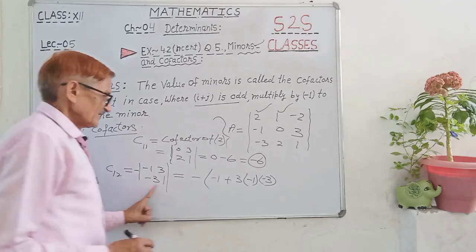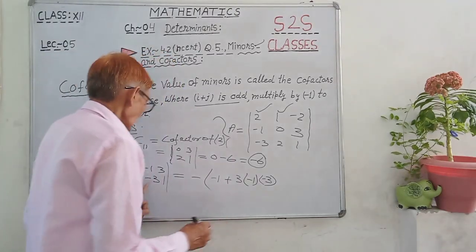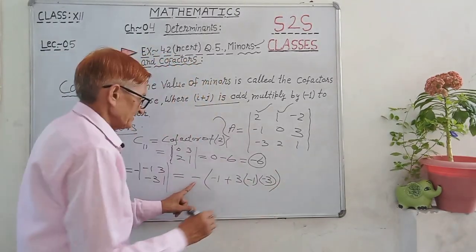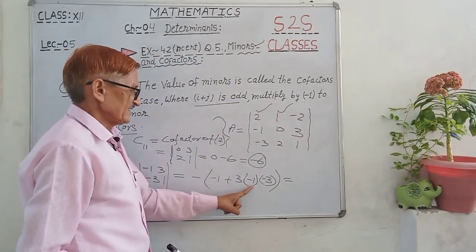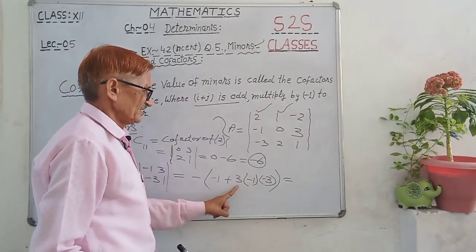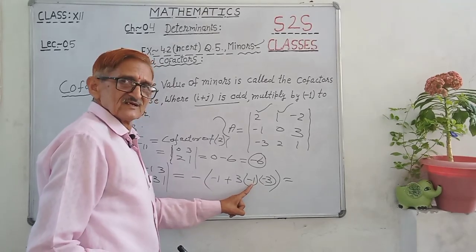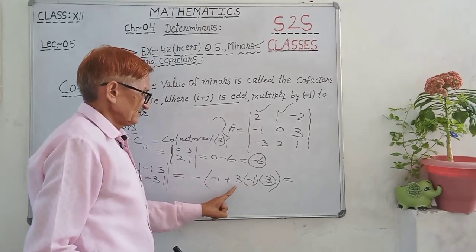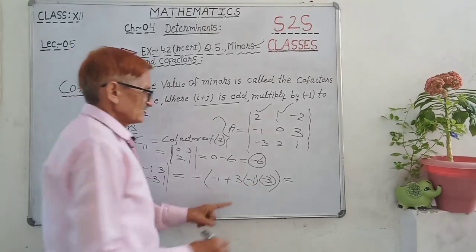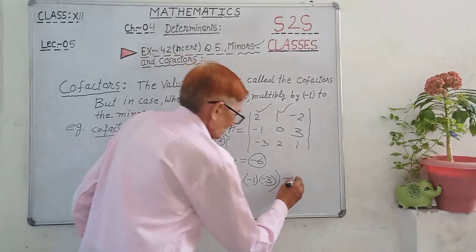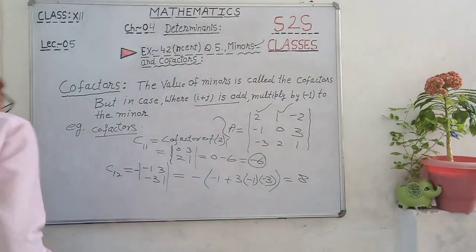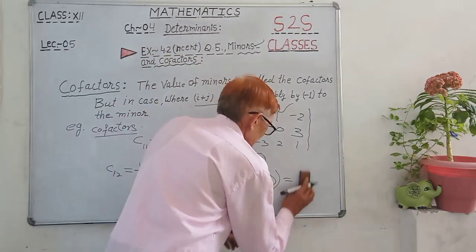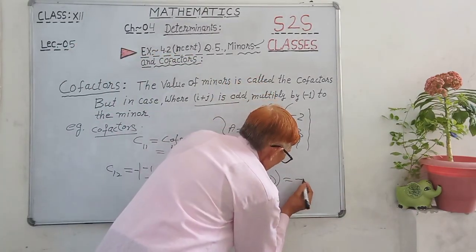Okay, now this value is the minor and multiply by minus, so this will be equal -1 and -1 into -3 into 3, so 3 1 ja 3, +3 and +3 is +9, -1 + 9, so +8, +8 and multiply by minus. Okay, so -8.